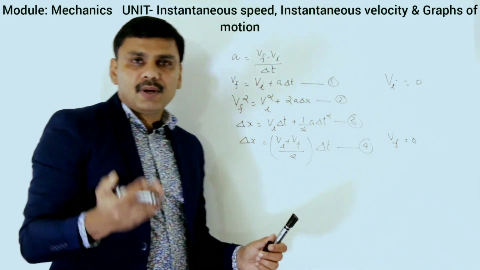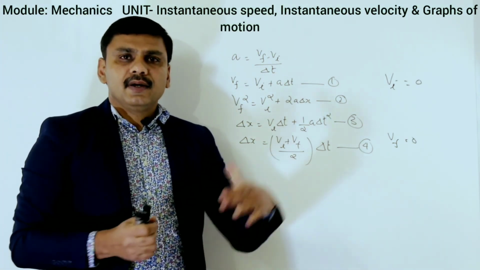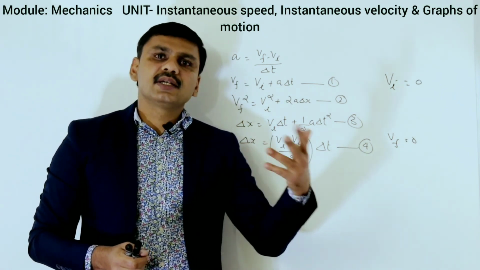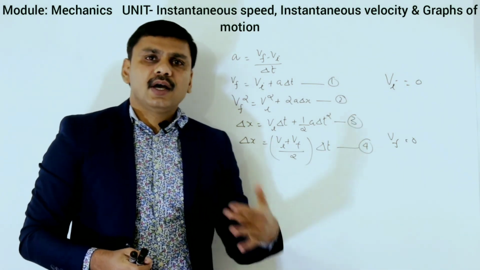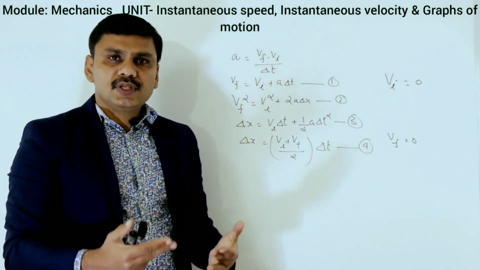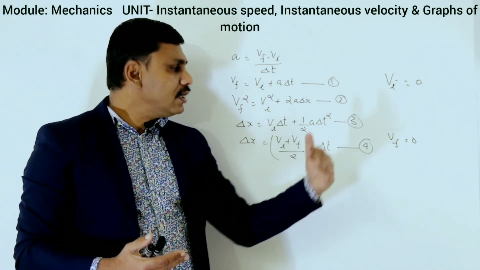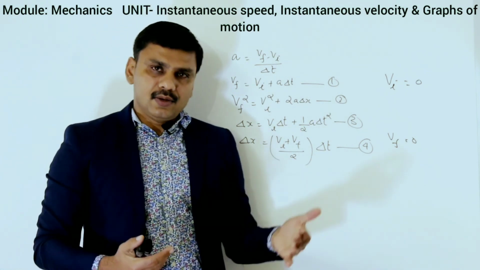From one problem to another, the variables change. In some problems, the object is moving with an initial velocity and after covering a distance it comes to rest. In that case Vf will be 0.